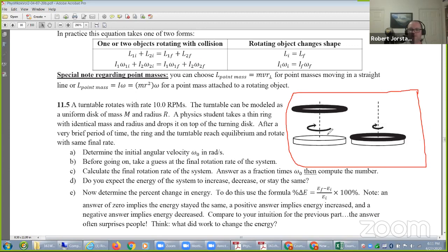I know it's got some initial energy. I know it's got some final energy. I'll just set E initial equal to E final. However, we just saw E initial is not equal to E final. So you can't do this problem with energy.